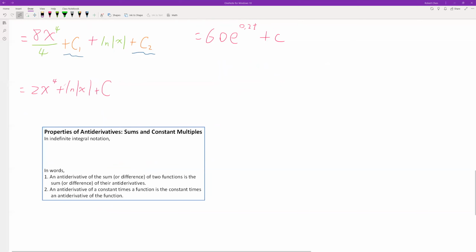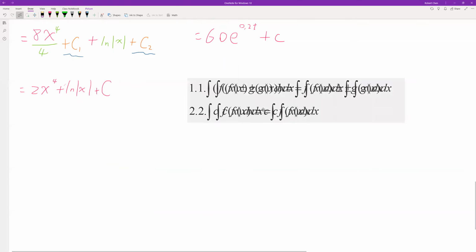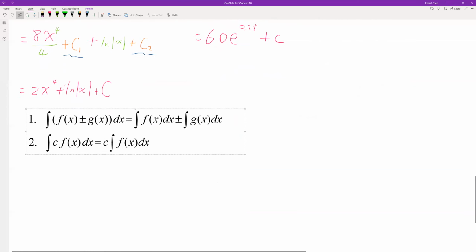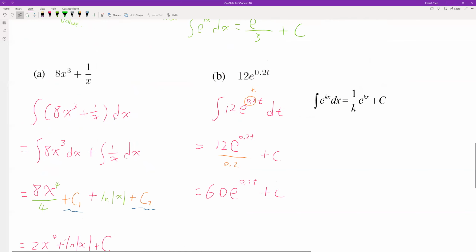All right, so some of the things that we were using in part A and part B: if you're integrating a sum or difference of two functions, then you can break it up into two separate integrals, like what we're doing here in part A of the question.